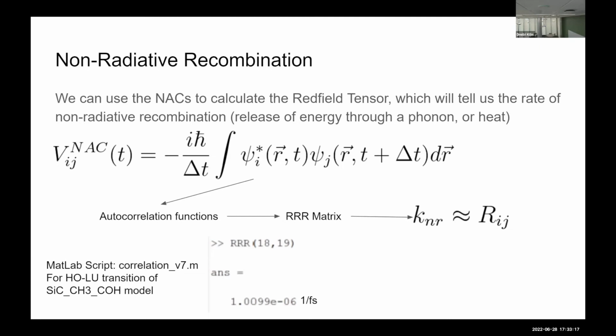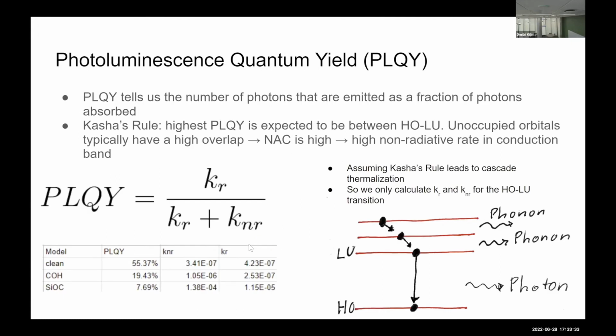Why not choose a HOMO to LUMO plus N transition? Why not LUMO minus N? Like in this example, why I chose the HOMO-LUMO. Yeah, why are you concerned with HOMO to LUMO plus N?